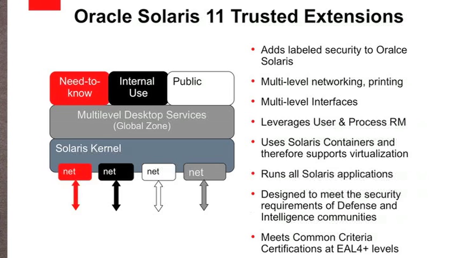If you're not familiar with trusted extensions, basically it's a successor to what was trusted Solaris. It's used primarily in military intelligence communities around the world to make sure that data that is supposed to be kept separate based on its security classifications is maintained that way.